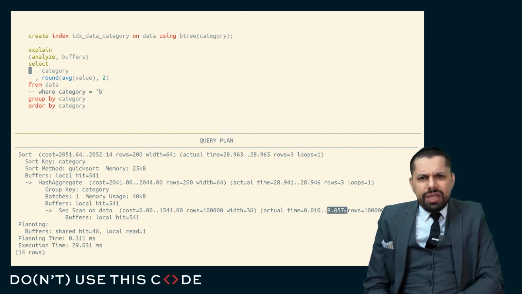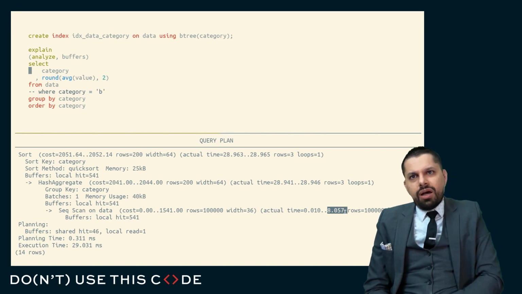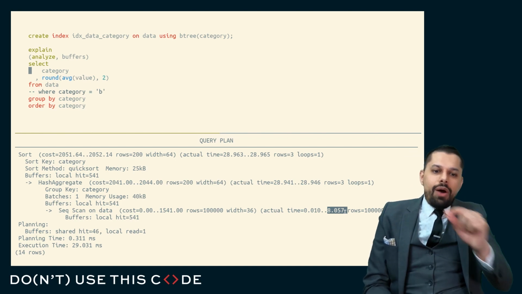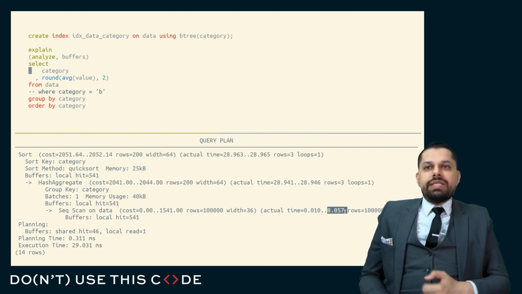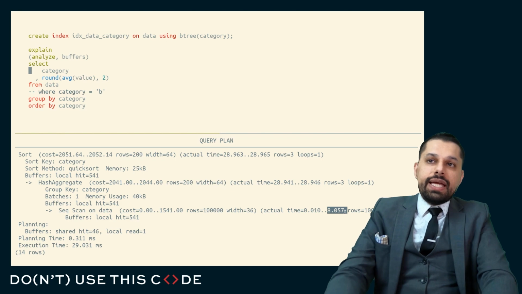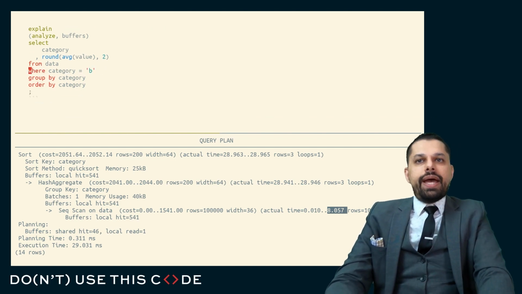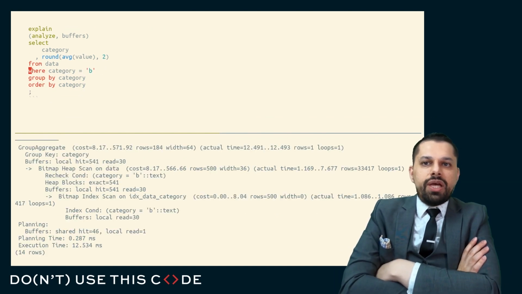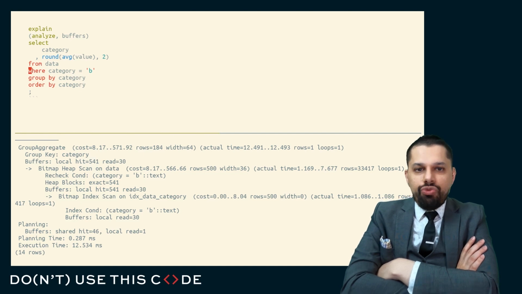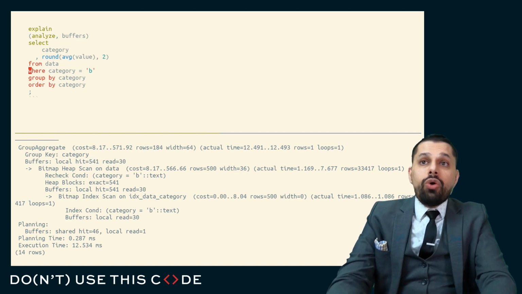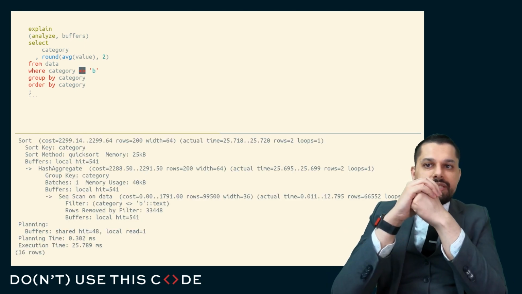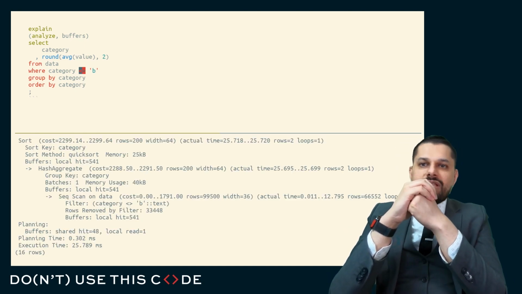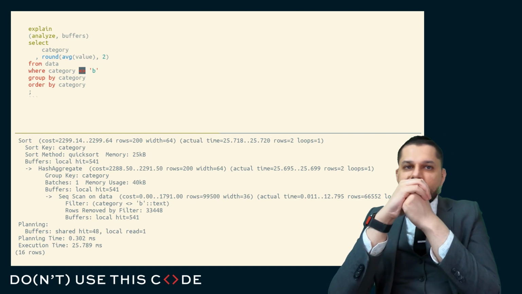So why would it go through the index to try and cut down on the number of rows that it wants to operate on if, by virtue of how I constructed this query, it has to look at every row? Where I would see a benefit with that indexing is if I were only looking at a subset of rows. Give me the aggregate if I only want category B, or if I only want categories that are not B, categories A and category C. Well, you can see if it's not category B, we didn't really speed up.